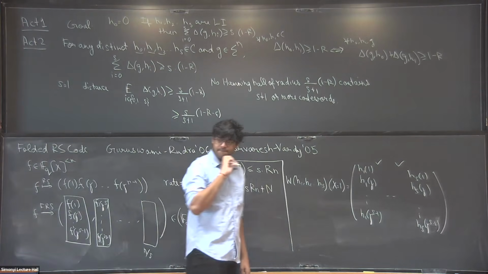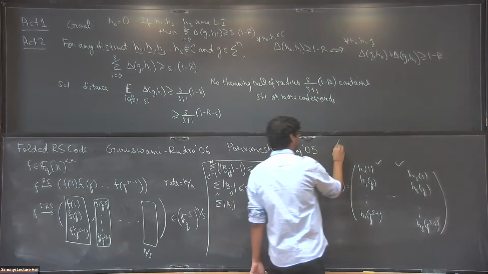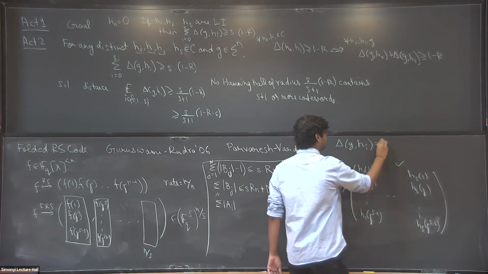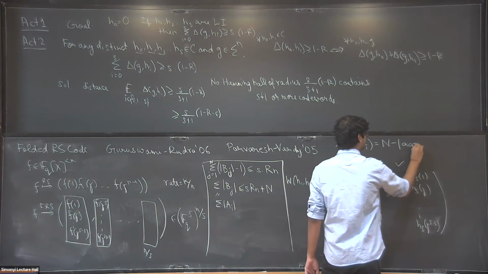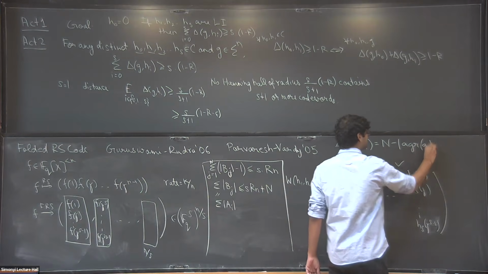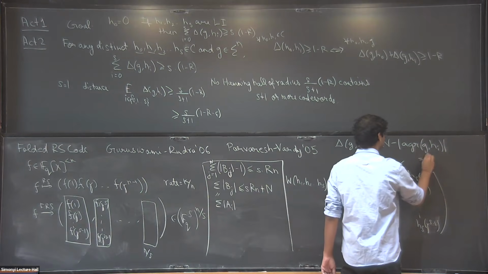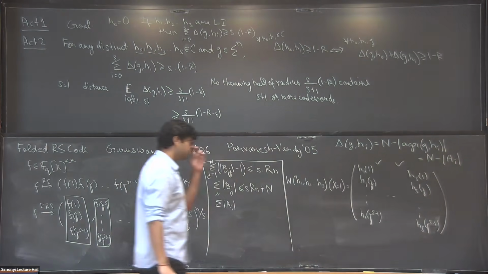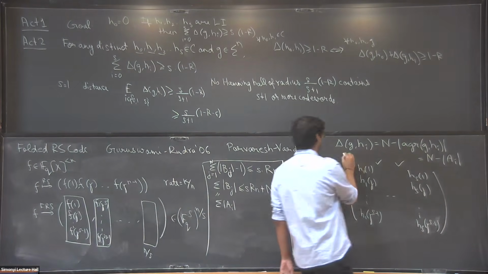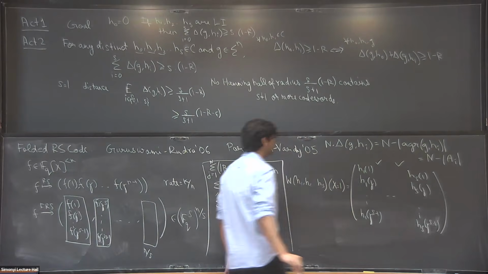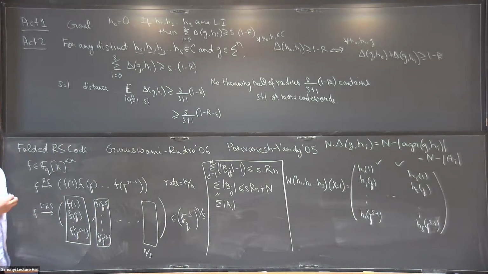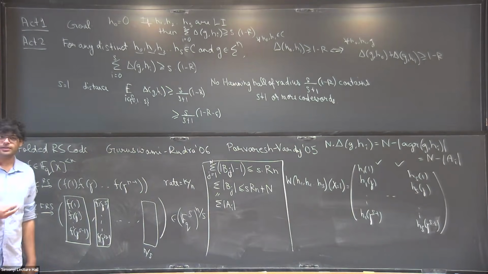So distance is 1 minus that. Exactly. I define AIs to be the agreement set, so of course the distance is 1 minus of that.